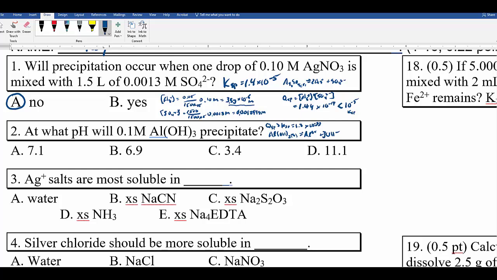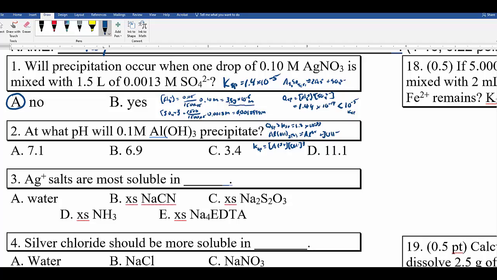So we will need then the KSP is going to equal the aluminum concentration times the hydroxide ion concentration cubed.